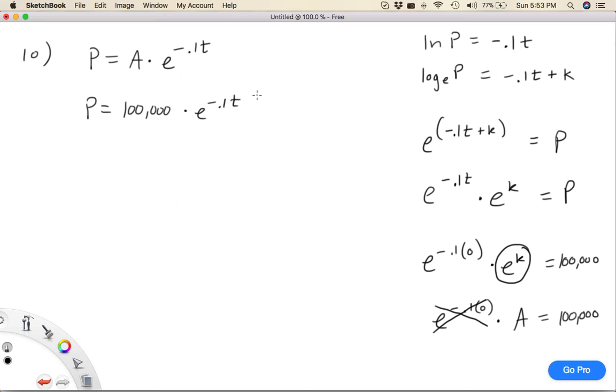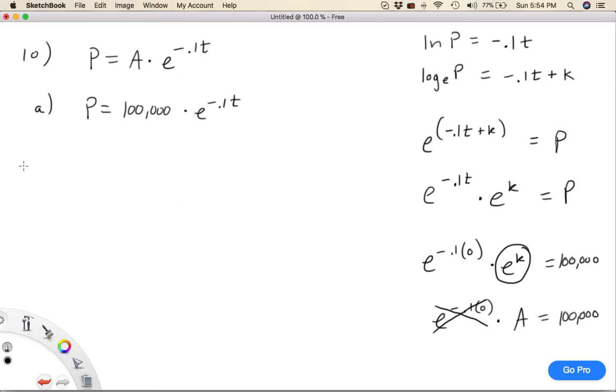And differential equations like this pretty much always work out the same because you can tell it's exponential decay. And you know the rate of decay is the negative 0.1, so that's here. And they told you the initial value should be 100,000, so that's there. It's almost always going to take this format. So this is called the particular solution to the differential equation. This is part A.